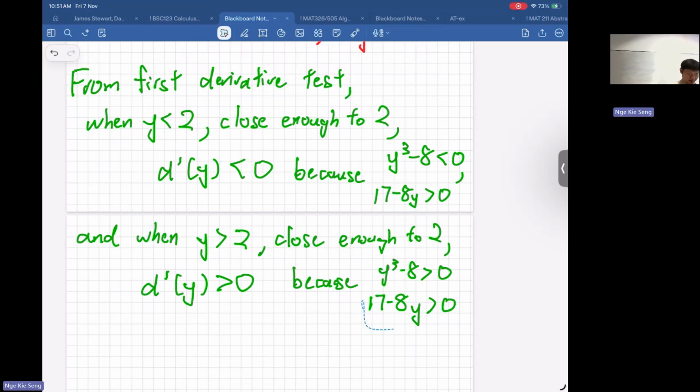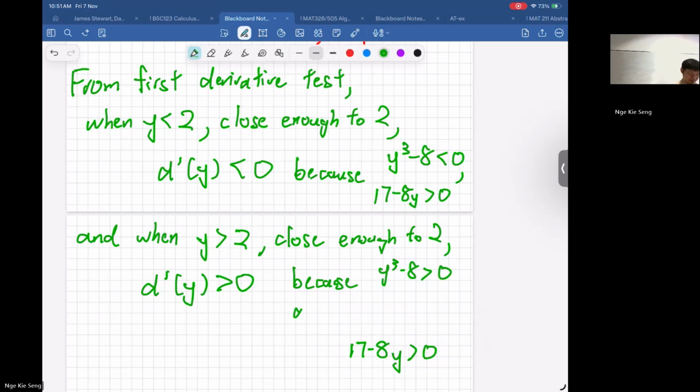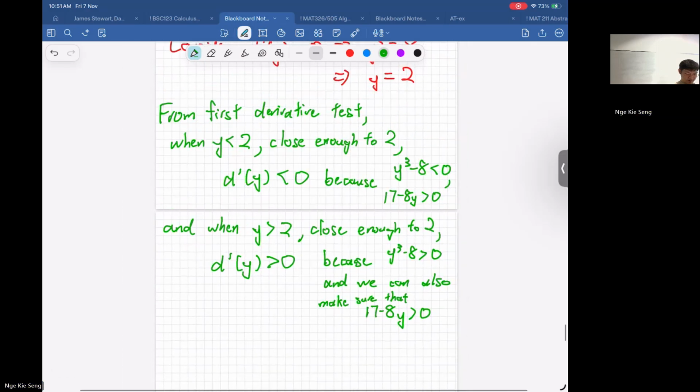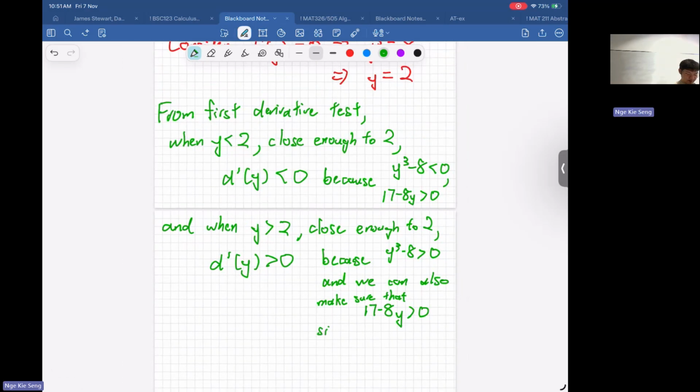And we can also make sure that 17 minus 8y is greater than 0, since we consider y sufficiently close.